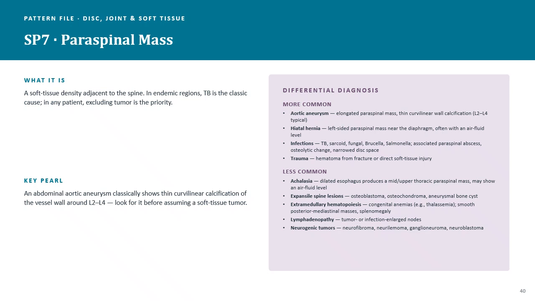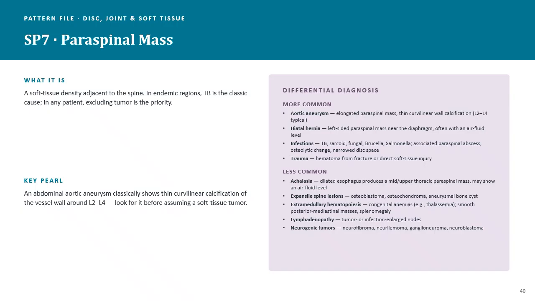Now, there's an important thing that can look like a mass but is actually not a mass. It's a blood vessel, and that is your abdominal aortic aneurysm, which we'll abbreviate AAA. This is an abnormal enlargement of the patient's aorta.